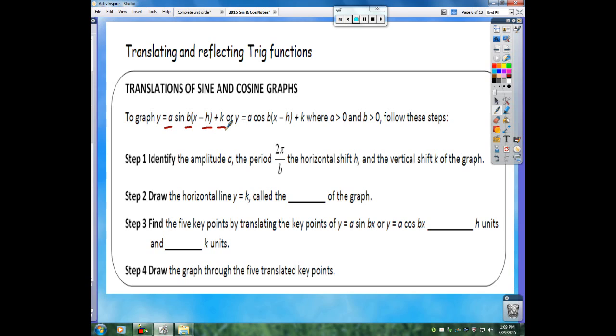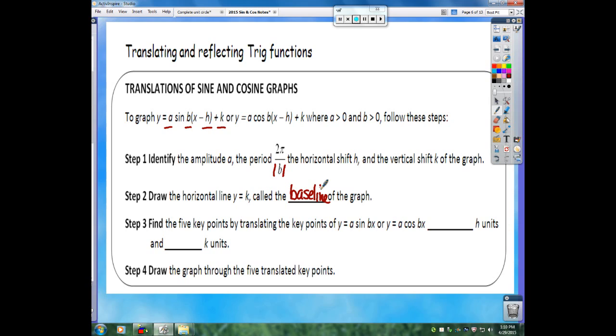Alright, so step 1, we're going to identify the amplitude A, the period, 2 pi over the absolute value of B, the horizontal shift H, and the vertical shift K of the graph. We're going to draw a horizontal line at y equals k called the baseline of the graph.